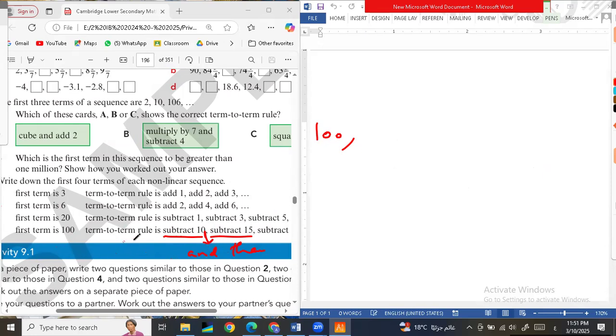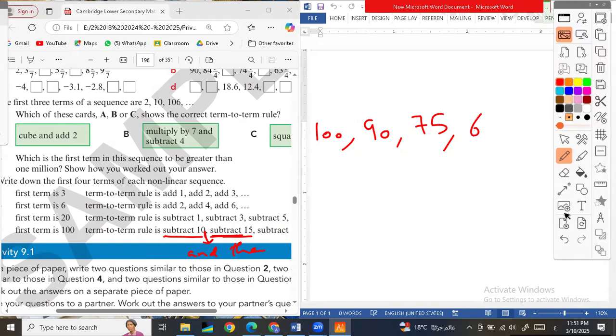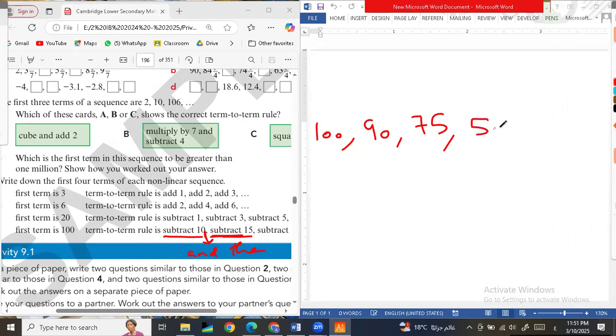But here they're saying subtract 10 from the first term. So it becomes 90, comma, subtract 15, it becomes 75, comma, subtract 20, it becomes, sorry, 55.